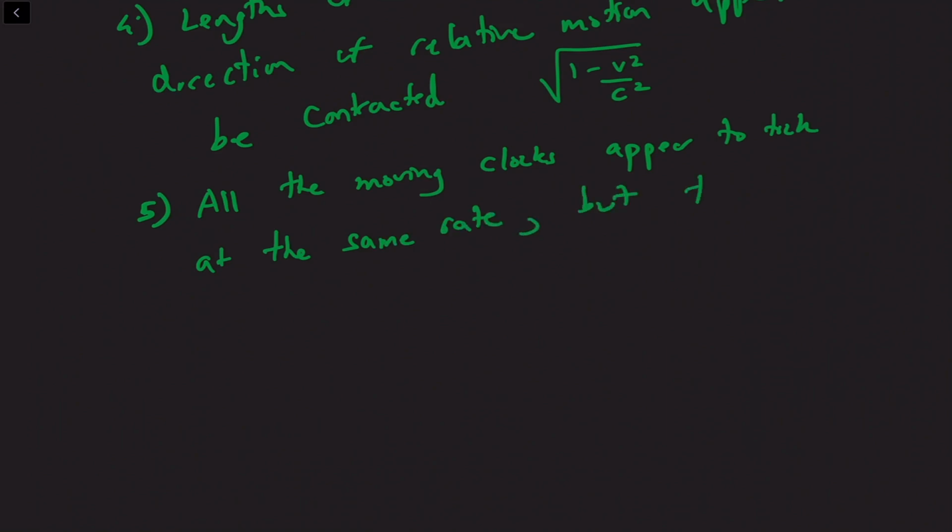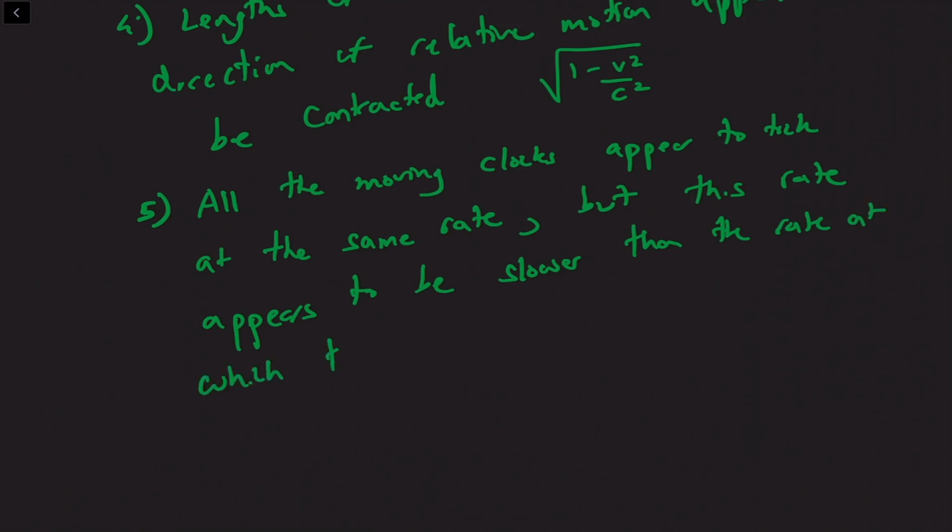But this rate appears to be slower than the rate at which the ground clocks are ticking. Okay, so the important point is these clocks appear to be slower as seen by the ground observer on their synchronized clocks.